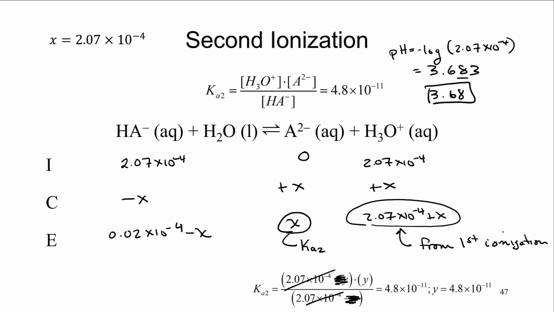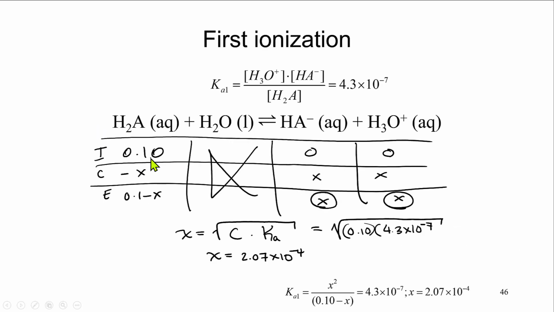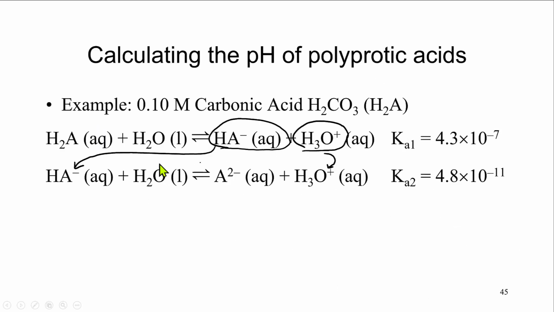You treat the first ionization independently from the second, and then you treat it just like we did for mixtures, really, of strong acids and weak acids, or mixtures of weak acids. The only difference in these problems is that, unlike the mixtures of weak acids, this ionization is not affected by the concentration of product from the previous ionization.